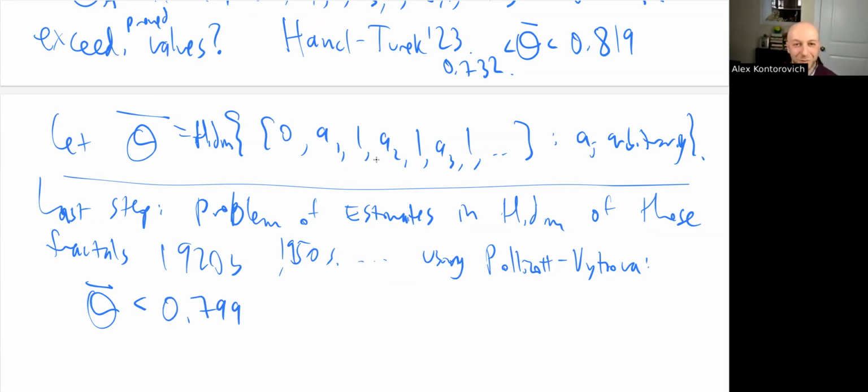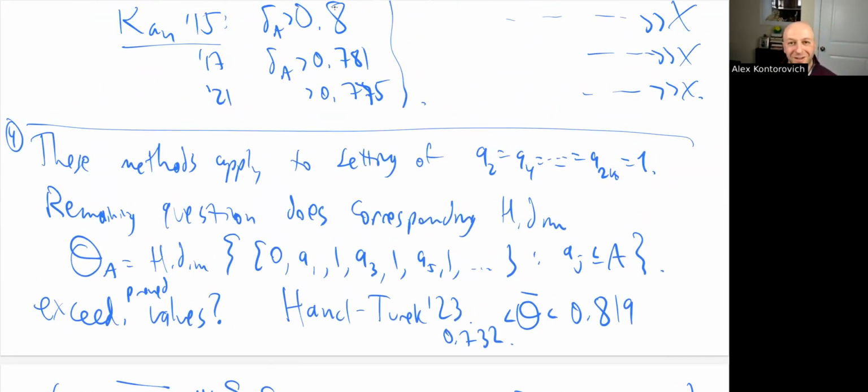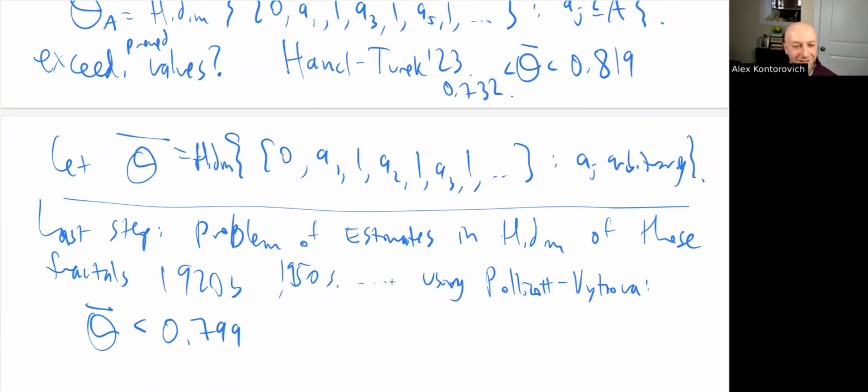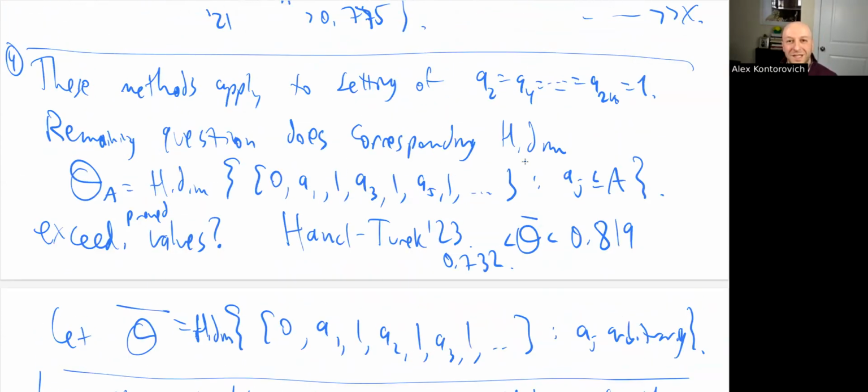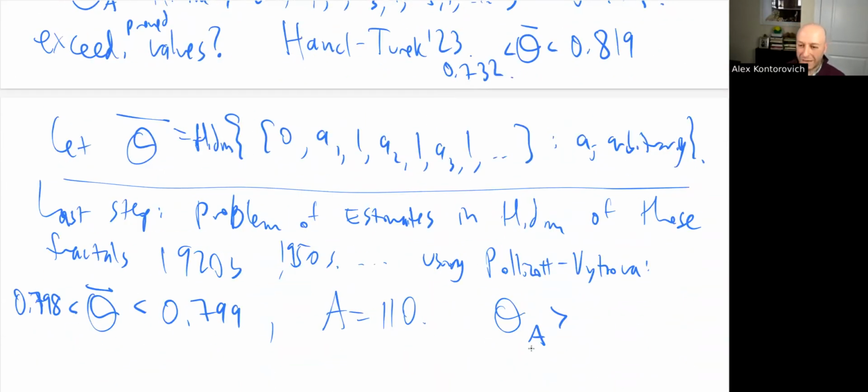So we're really in trouble because we're right in the range of where these results run out. So in fact, there does exist a value, and in fact, if A is equal to 110, some crude value, then theta A exceeds 0.775. We're allowed to decrease the Cantor sets a little bit and still stay above the threshold, 0.775.